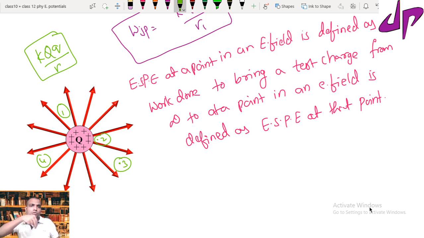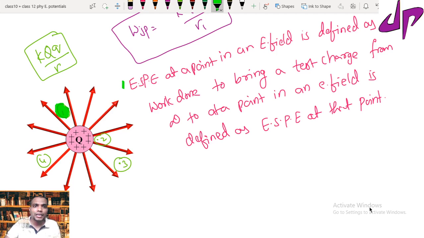I carried a positive charge in my pocket, came all the way from infinity, walking, and stayed at a location, point 1, within the electric field. To bring that test charge from infinity, I did work. Whatever work I did is stored in the form of potential energy at that location. That defines the electrostatic potential energy.